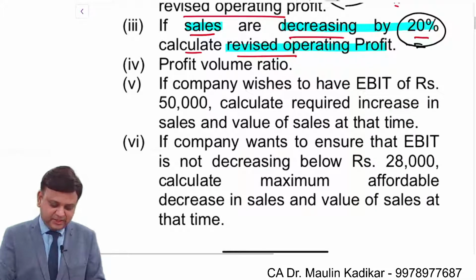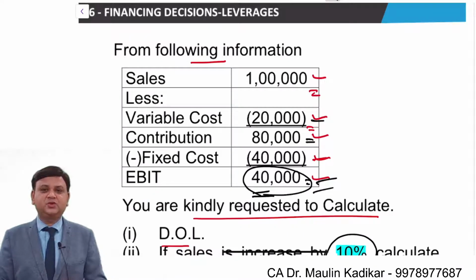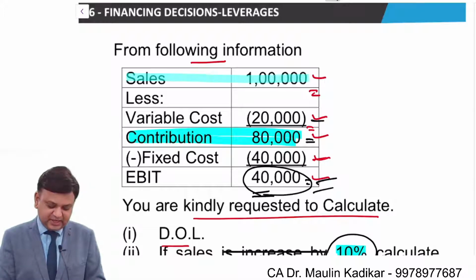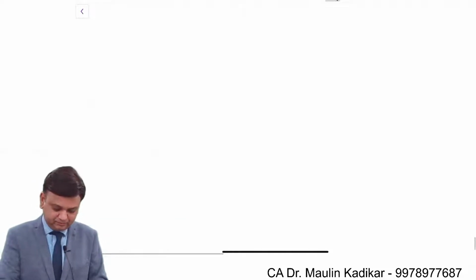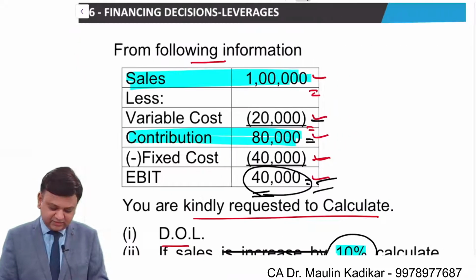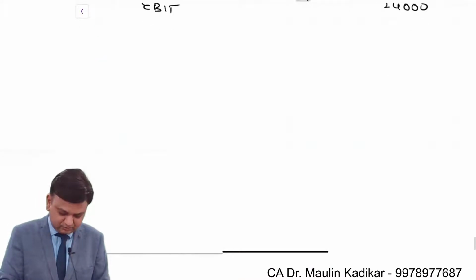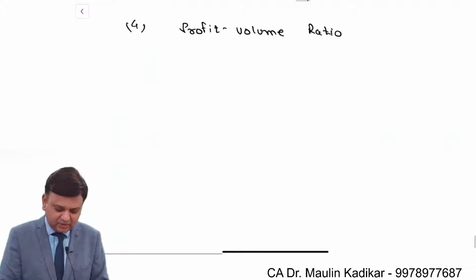Fourth question is calculate profit volume ratio. We know that profit volume ratio is contribution to sales ratio. Contribution is 80,000, sales is 1 lakh. So the profit volume ratio is 80%. So the answer of question 4: write down profit volume ratio as contribution upon sales into 100.